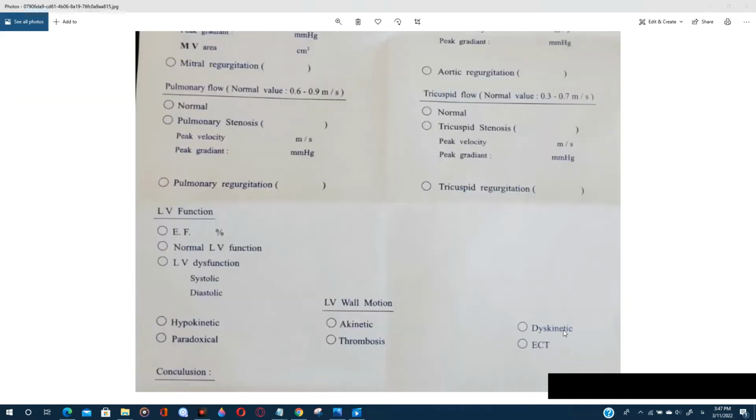So we write aneurysm or dyskinesia in the part of the wall, septum, apex, inferior or posterior wall. Hypokinesia is better than akinesia, akinesia is better than dyskinesia, and dyskinesia decreases the EF of the heart very much.